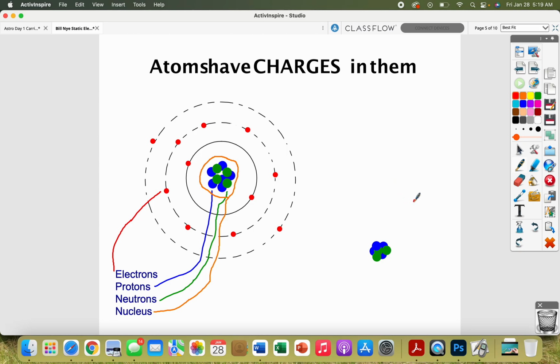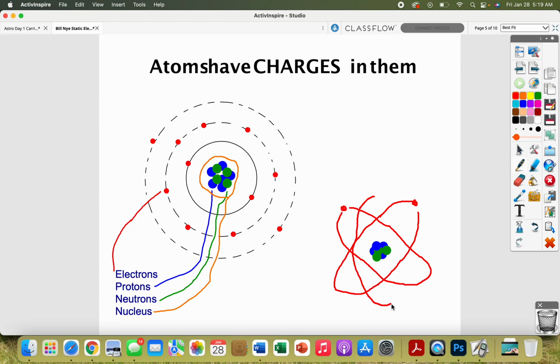So you had something like these electrons orbiting the nucleus. And so you had some picture like this.